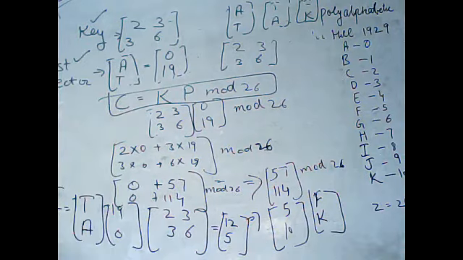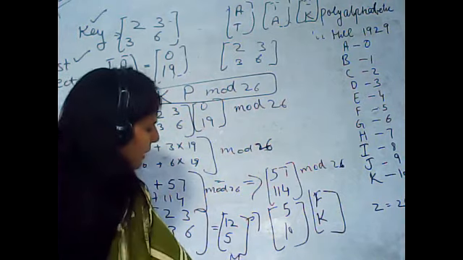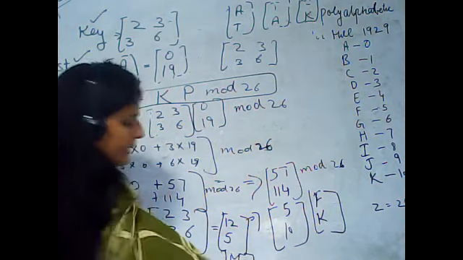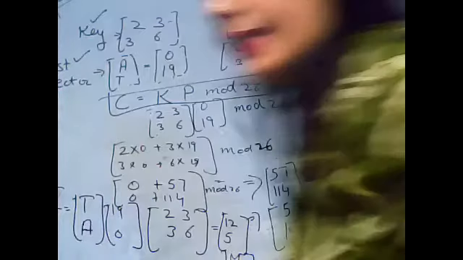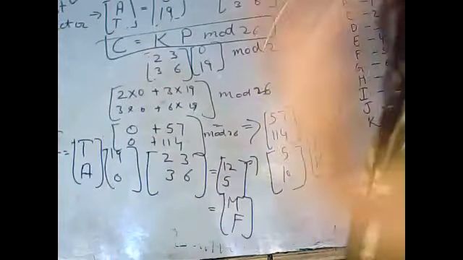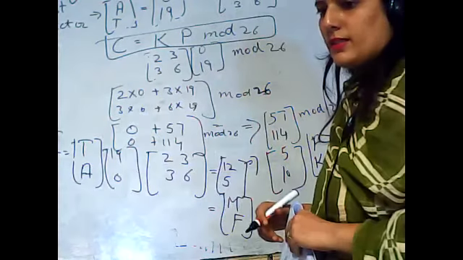According to this 12 and 5, the corresponding letters are M and F. That is M and F here. So this is your second vector.